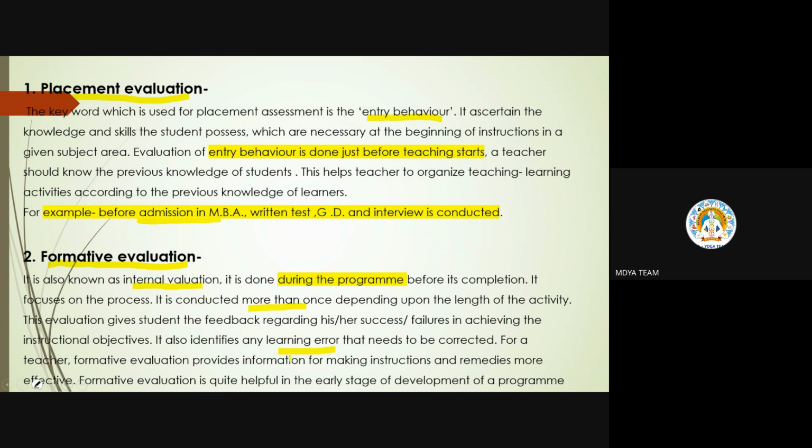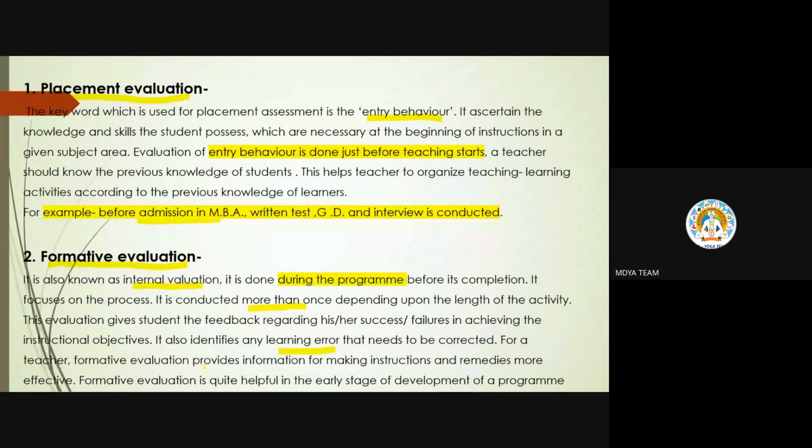In formative evaluation, the teacher evaluates the learner, whether he or she is having any difficulty or is able to learn the concept clearly or not, and whether the teacher is able to achieve the predetermined goals, the instructional objectives that were set before starting the class.